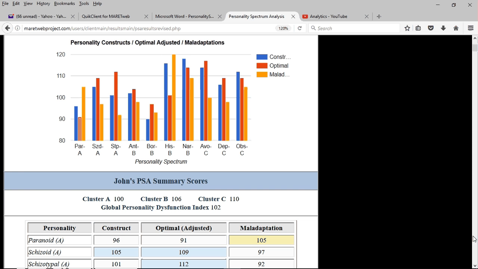A person who doesn't pick items much from a particular category, and you can see that here, this person's under 100 for all of the borderline stuff. Well, that shows me that this person didn't pick a whole lot in this whole borderline area. Their optimal or their construct score is at a 90, so this person would not make a very good borderline.